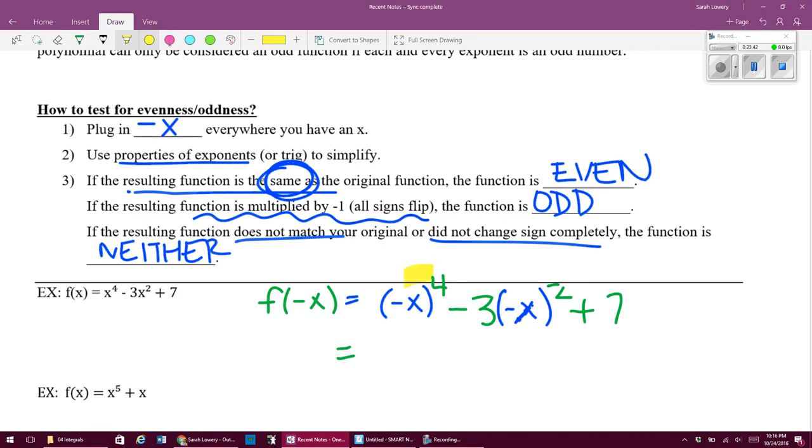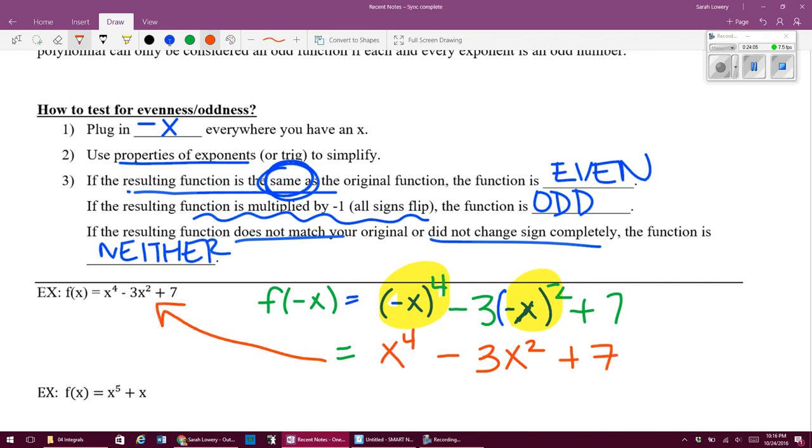If I'm going to raise a negative number to an even exponent, that's going to become positive. Same thing happens right here. A negative number to an even power, again, makes that positive. And my original function matches my resulting function. So therefore, f of x is even because my function did not change.